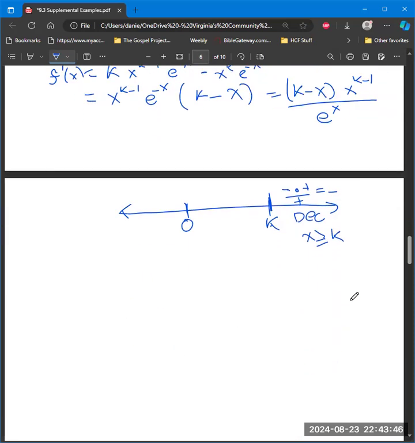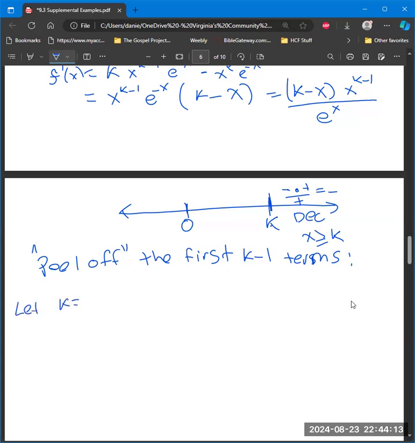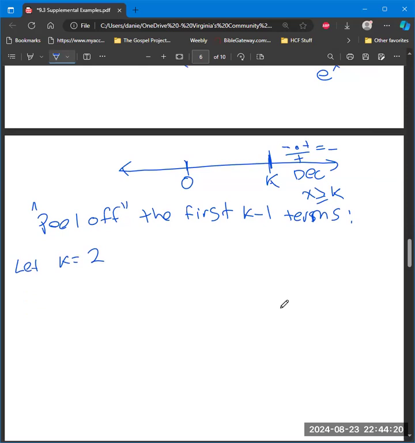So what that means to me is that I need to peel off the first k minus 1 terms of my series, and I'm going to just show you the easiest form of this is going to be let k equal 2. Okay, k equals 1 is too basic.